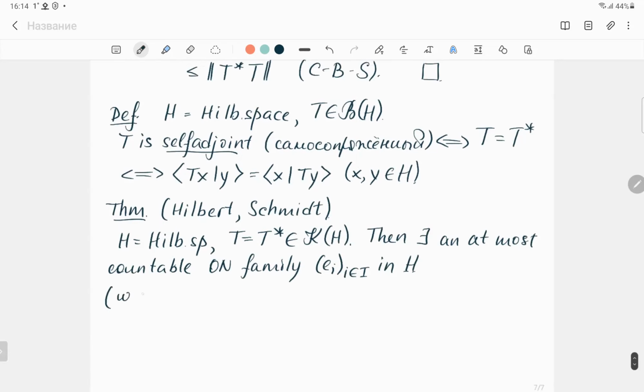So we may assume that it is either countable, in which case I is just the natural numbers, or it is finite. So I is a finite set from 1 to n. And there is also the degenerate case where I is empty. This case corresponds to the zero operator. Such that the following conditions are satisfied.